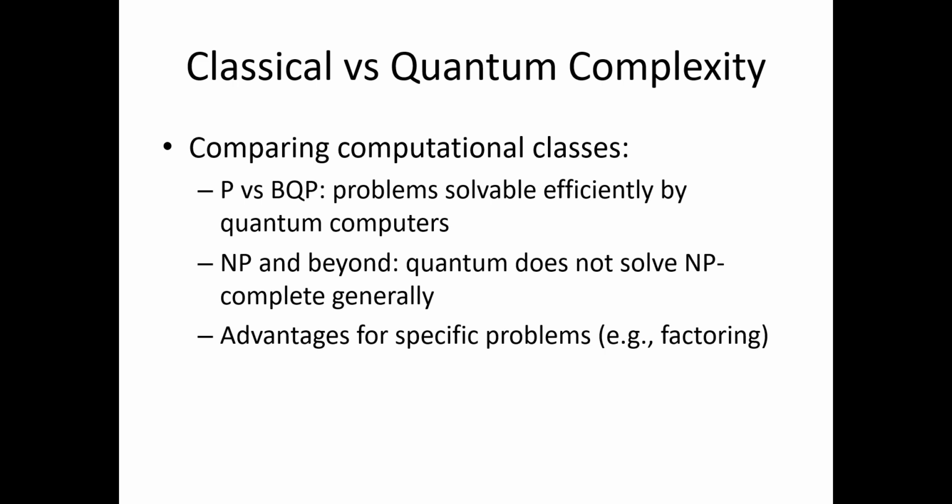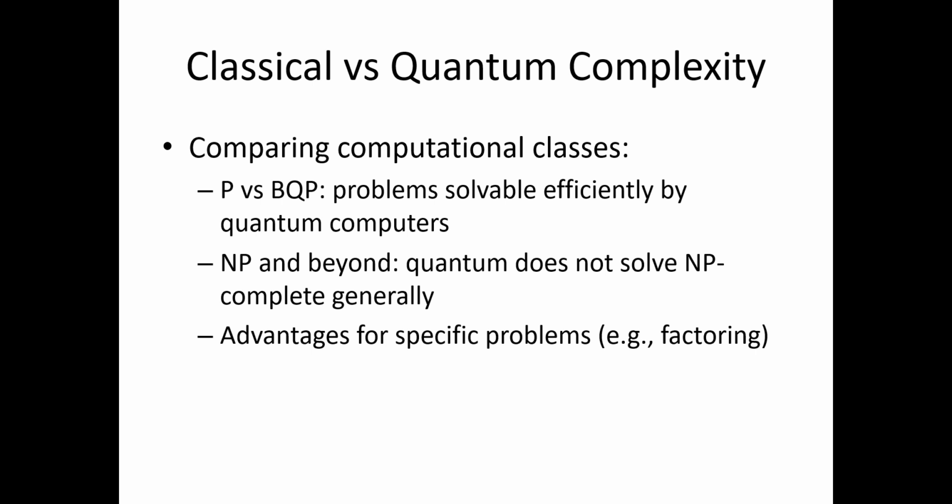When we compare computational power, we look at complexity classes. Classically efficiently solvable problems are often in P. Quantum computers define a class called BQP, which stands for bounded-error quantum polynomial time, and BQP contains P. It's believed to contain problems outside P, which are classified as hard for classical computers.